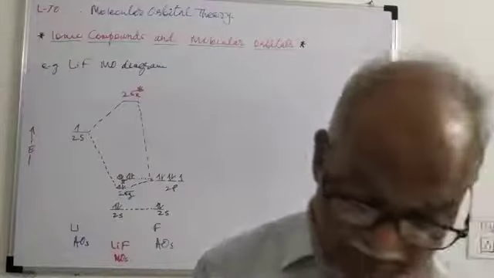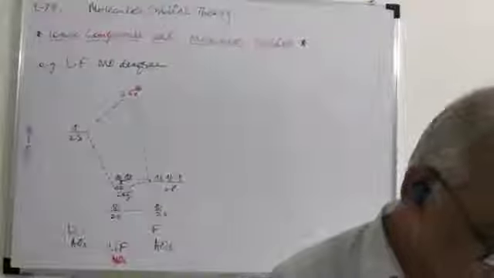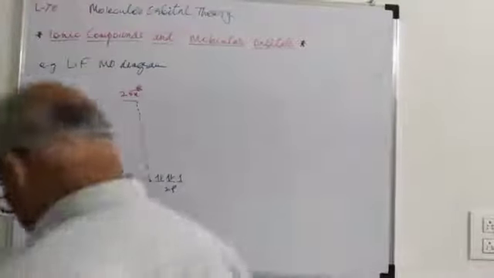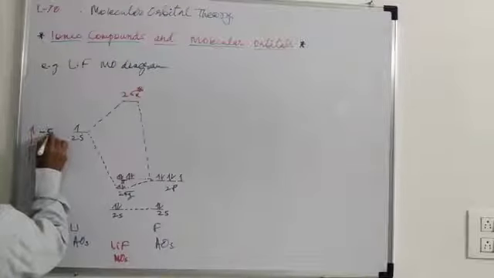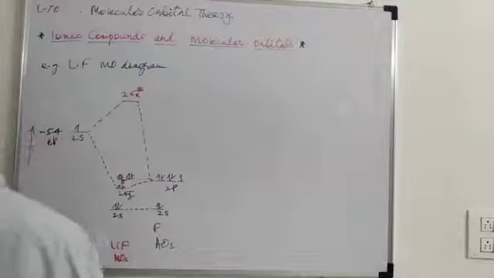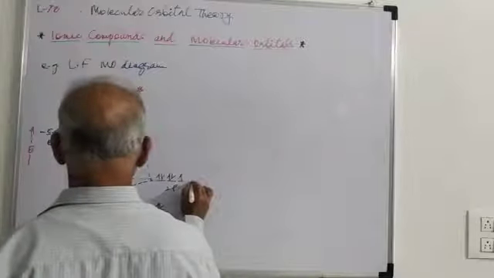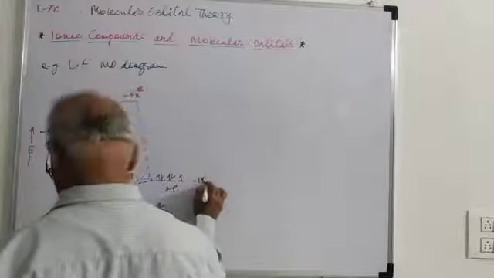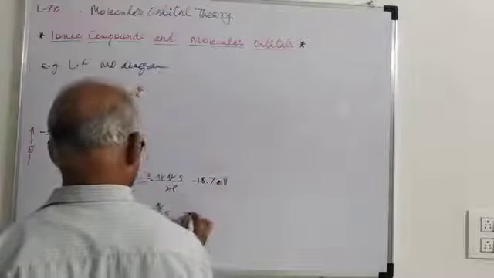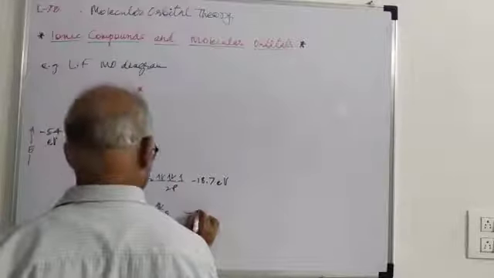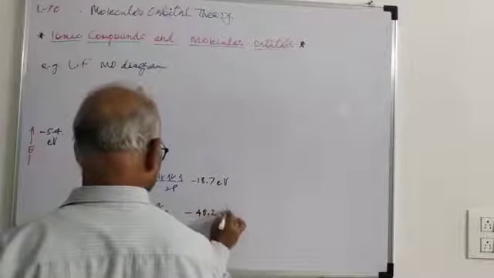And now if we show the energies, the electron volt value of the energy level of this is minus 5.4 electron volts, and this has minus 18.7 electron volts, and this is very large, that is minus 40.2 electron volts.